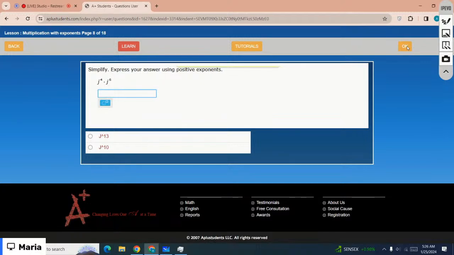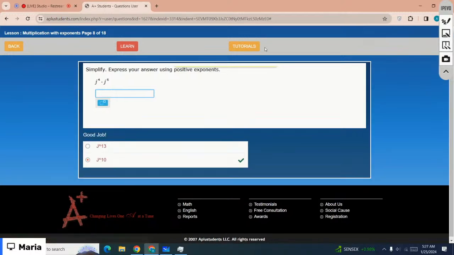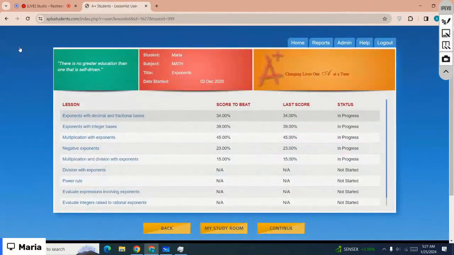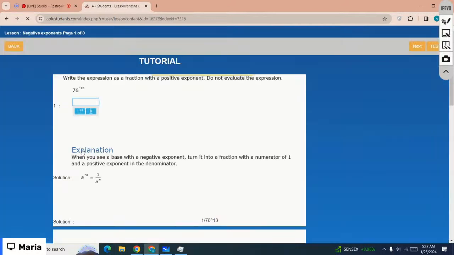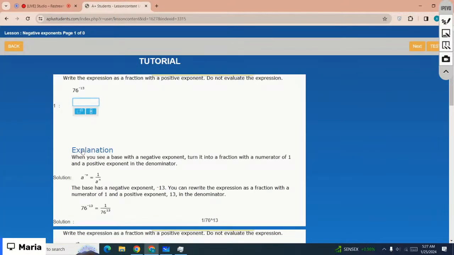J exponent 4 times j exponent 6. So which is the correct option? Yes, that is j exponent 10. Okay, you can complete the lesson by yourself later today. Let me just move on to the next lesson, that is negative exponents.